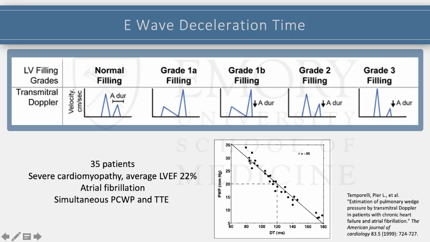The reason I like this one is that there was a really strong correlation in all these patients across a range of deceleration times that correlated with their wedge pressure. This is an old study, it was like 20 years old, and I think it's reflective of the fact that these measures may be highly reliable in some patients and not so reliable in others. And I think that's part of what we need to understand more, which of them we can apply in which situations.